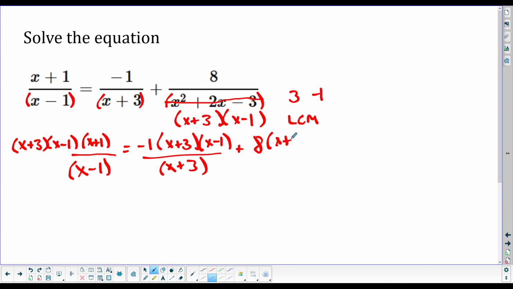So x plus 3, x minus 1. Now, I'm writing all this out. A lot of this, you can kind of look ahead and see what's going to happen, but I'm writing it all out just so that we're very clear about the process.